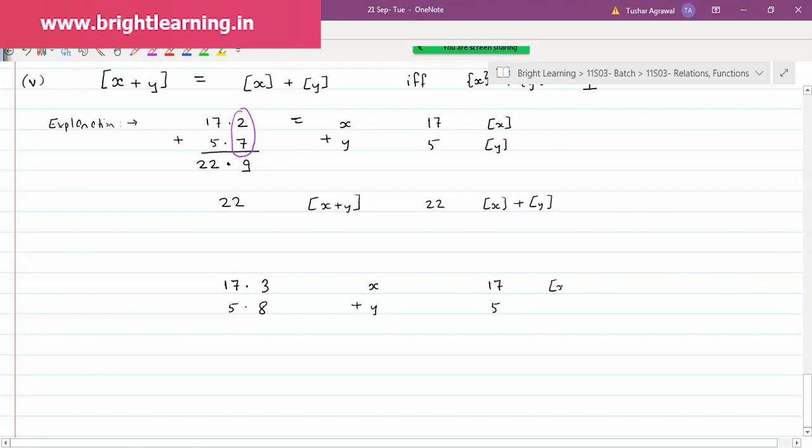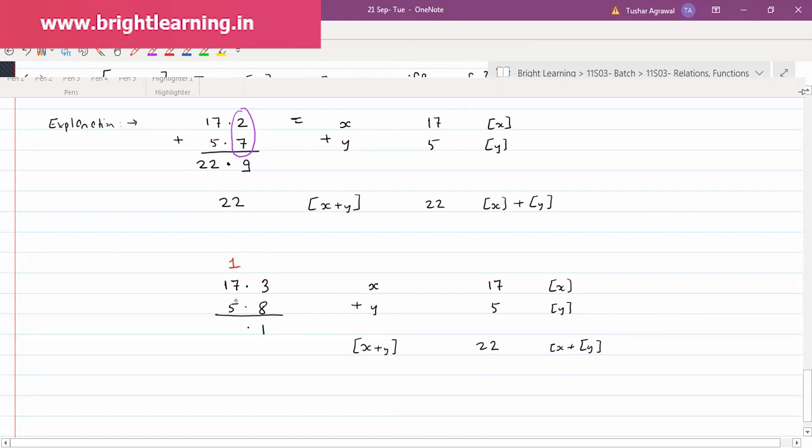So my addition should be 17 plus 5, which is 22. Step function of x plus y, step x plus step y should be 22. But what is my x plus y? Now the addition of decimals is here 8 plus 3, 11. And this one that goes carry forward creates a problem. 17 plus 5 is 22, and 22 plus 1 is 23. And now the step function turns out to be equal to 23.